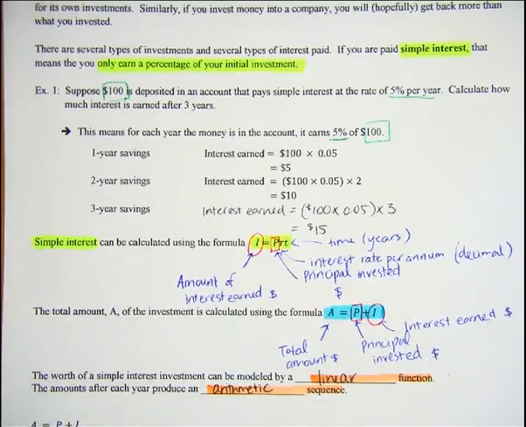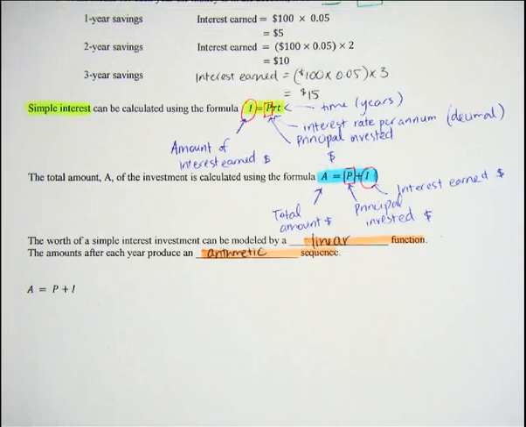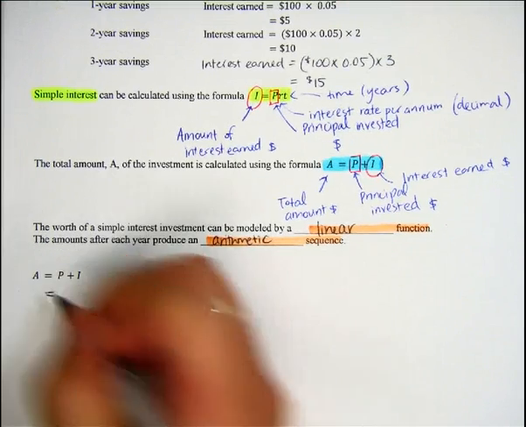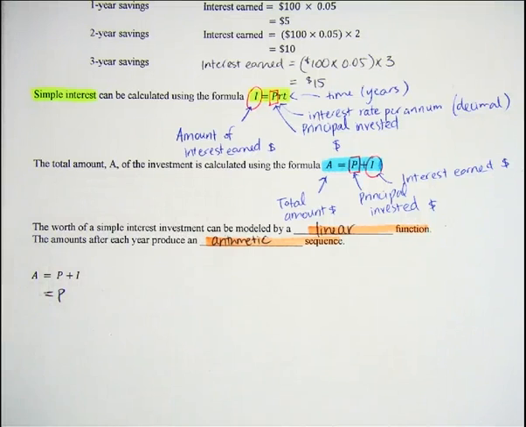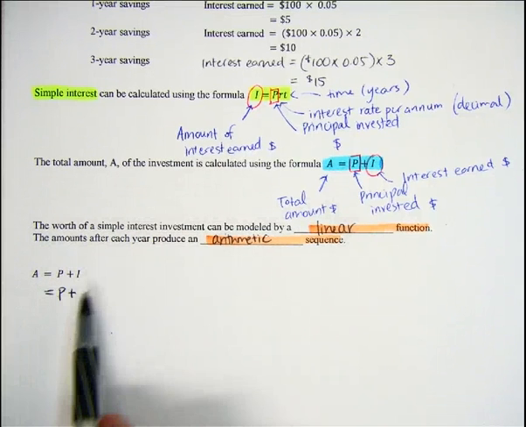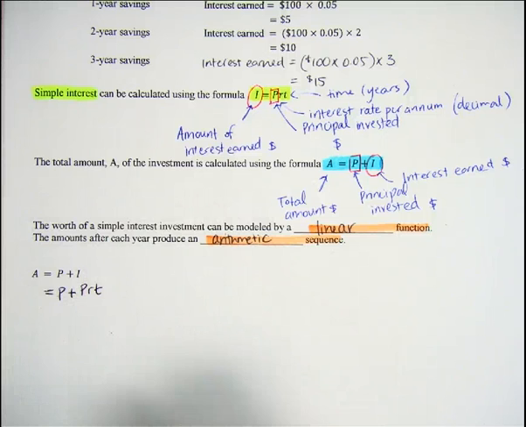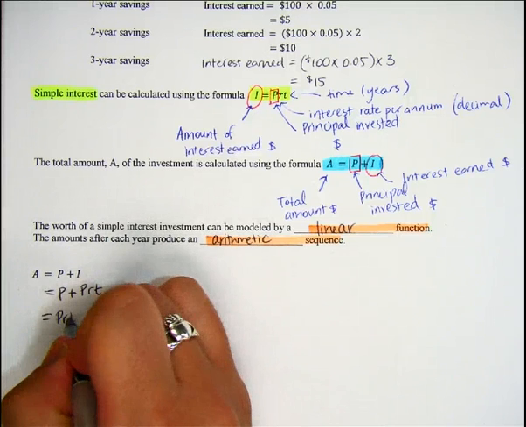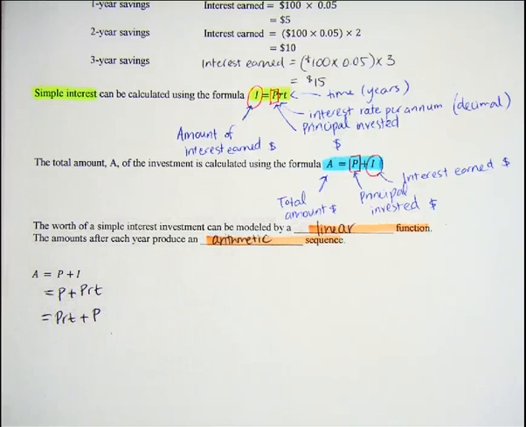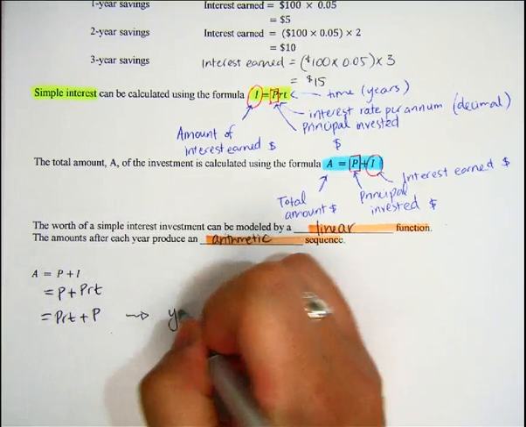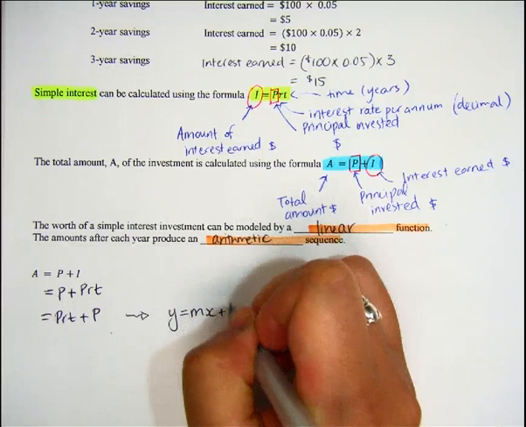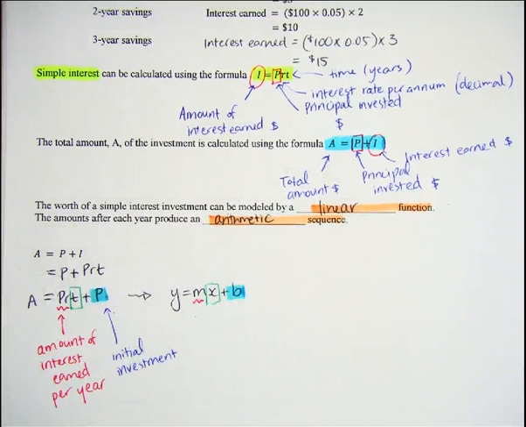Now, if you move on to this A equals P plus I, I just want to show you how you can model this with the linear function. Instead of I, I'm going to replace this with PRT. Okay, and I'm just going to rearrange this to say PRT plus P. Look how similar this is to the linear equation y equals mx plus b.